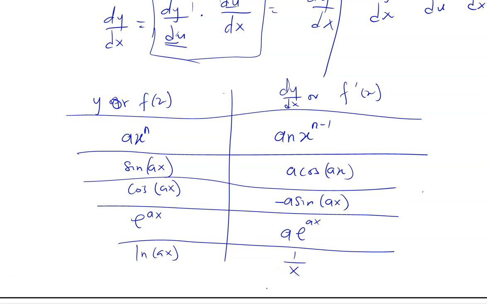So you should take notes. We can use the chain rule in proving some of these. I can use the chain rule to prove this side, and this side, and also the ln(ax). So you are going to solve question under 8 and you understand very well.